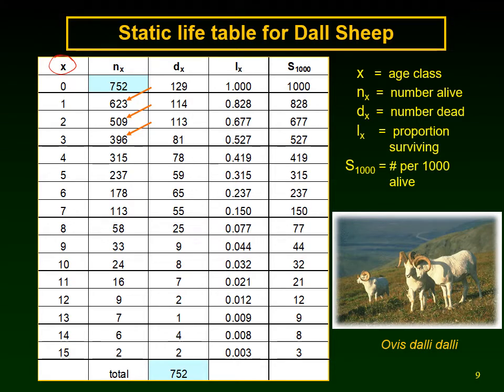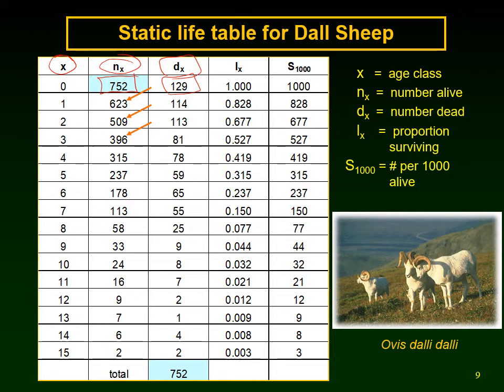And then the second column is how many individuals are surviving at this age. So all 752 were born. The deaths are 129 skulls that belong to sheep under a year old.